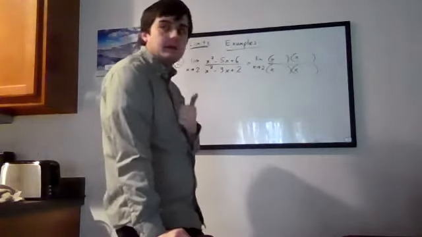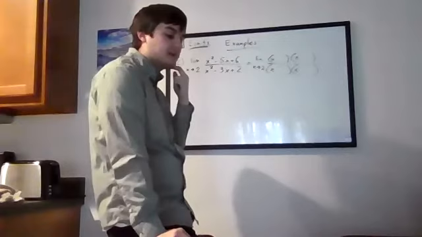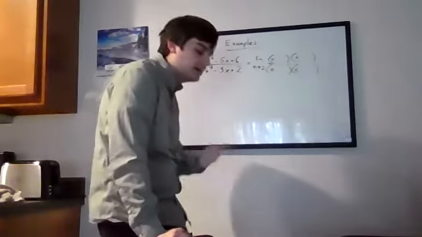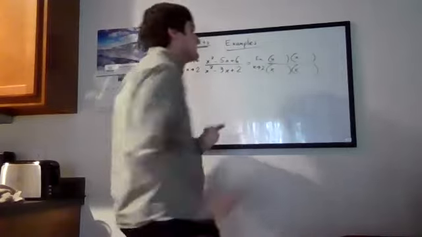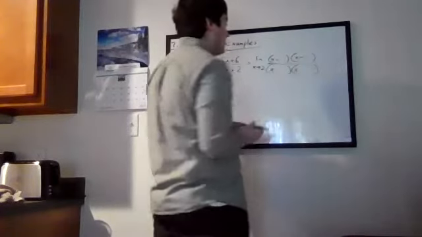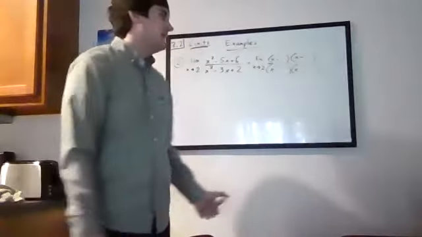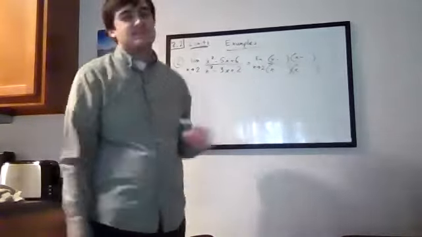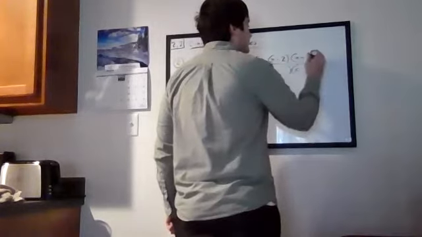Well, that's going to mean that both numbers, so if 6 is positive, both numbers have to be the same sign, but 5 is negative, so that means they both have to be negative numbers. So we're going to have minus and minus, okay? So let's think what 2 numbers multiply to give us 6. 1 and 6. 1 plus 6 is 7, that doesn't work. 2 and 3. 2 and 3 gives us 5. So we're going to get x minus 2 and x minus 3.